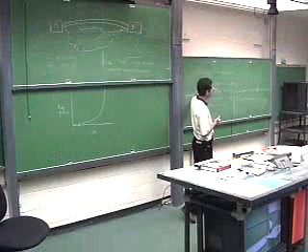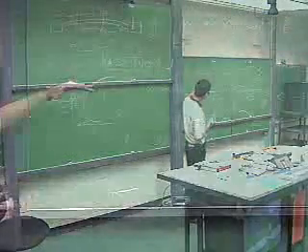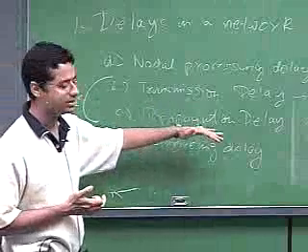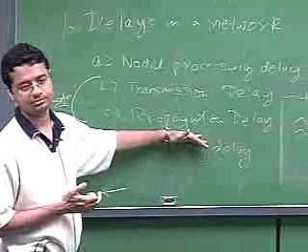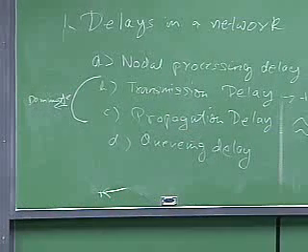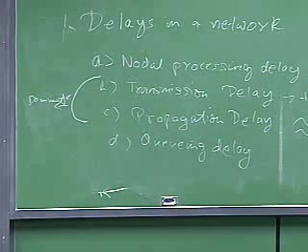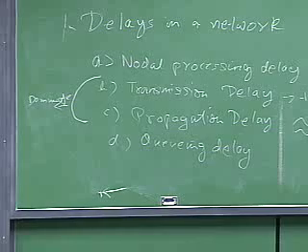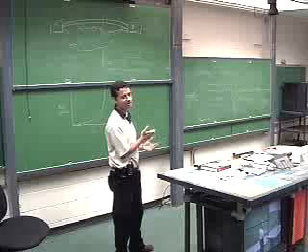The processing delay is quite low. The main delay component comes from the propagation delay. On the other hand, if you get significant queuing, then you can also get losses, because these queues are stored in finite buffers. And if the queue grows beyond the buffer, then packets start getting dropped.